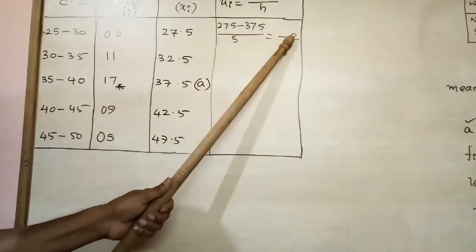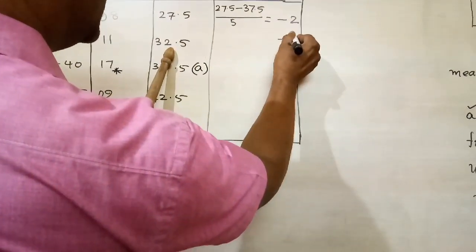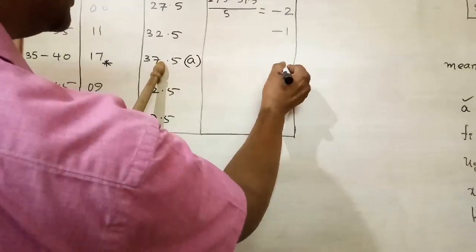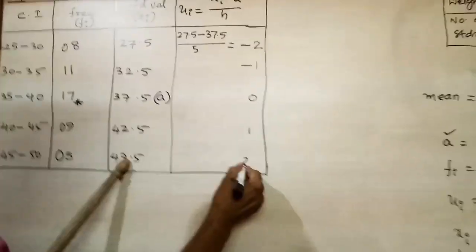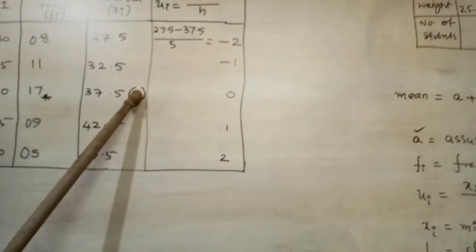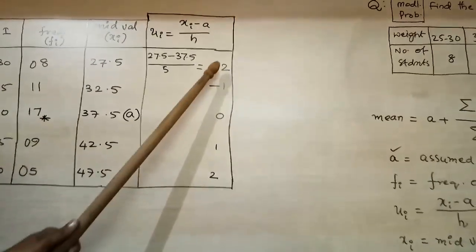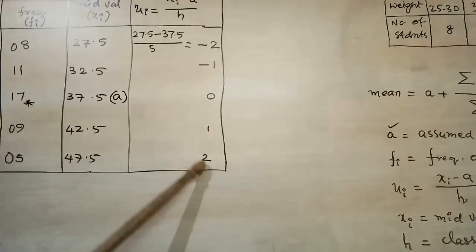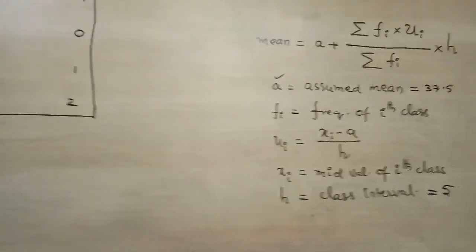If you get minus 2 for the first class, you get minus 1 for the second class, 0 for the third class, 1 for the next class, 2 for the next class. These are the values of ui: minus 2, minus 1, 0, 1, 2.